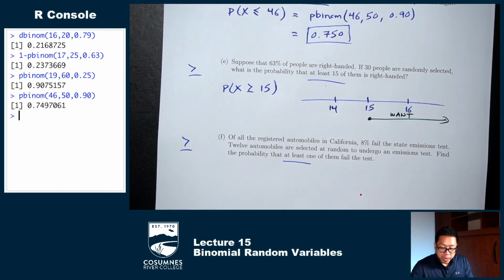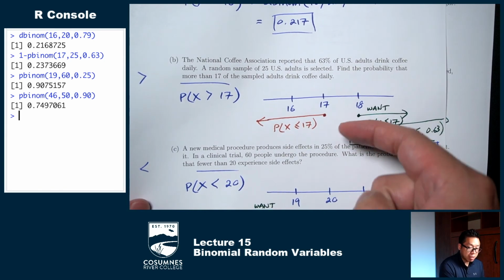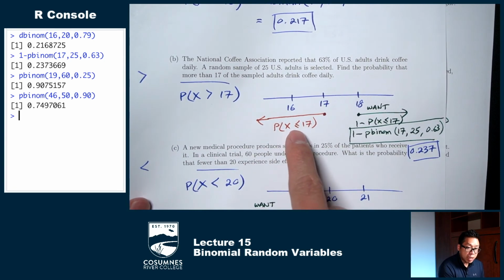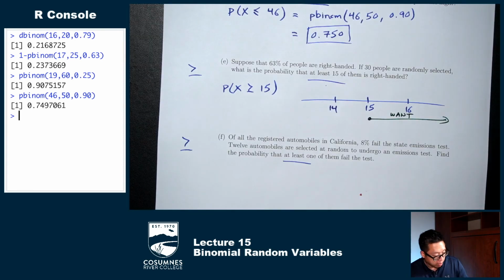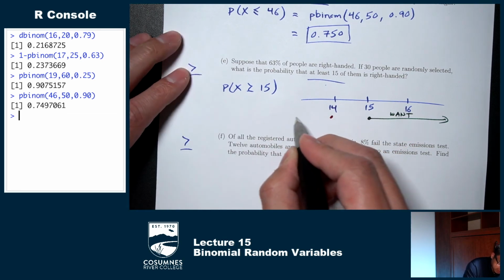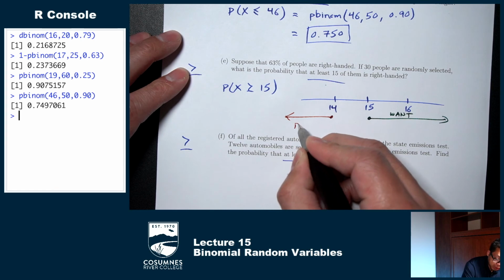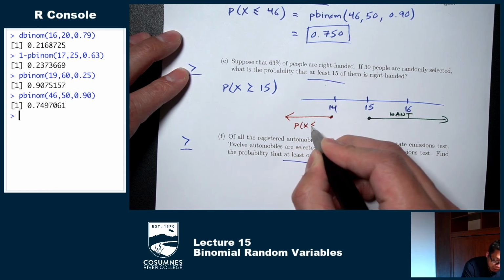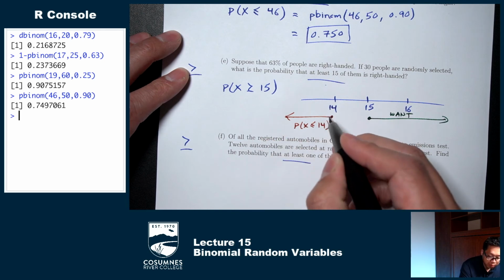And just like on the previous page, part B, anytime I'm looking for something to the right, the idea is look at the left, rewrite it with a less than or equal, and then do a 1 minus. Okay, look at the left. The left is this 14 and to the left. 14 to the left is rewritten as less than or equal to 14, 14 or less.